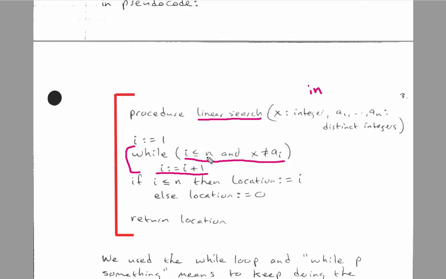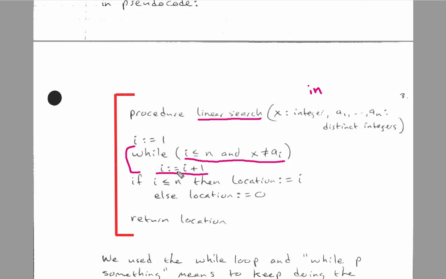While both conditions are true, just increase i by 1. This is a common assignment. It means we're assigning i the current value of i plus 1.